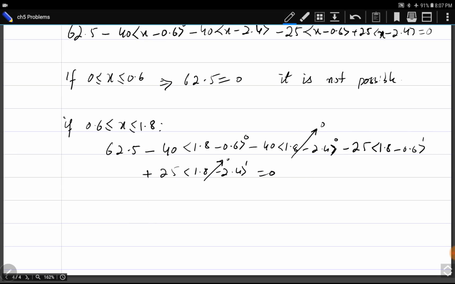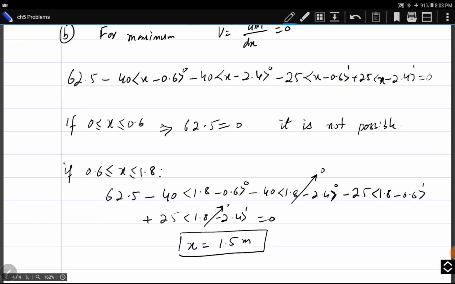Here it is positive, 1.8 minus 0.6, so we can replace them with regular brackets. This one again, we can replace with regular brackets. So x can be calculated from here, which will be 1.5 meters. So it is possible now. It is a positive number.